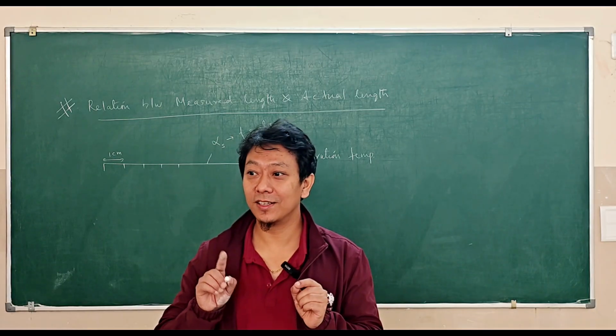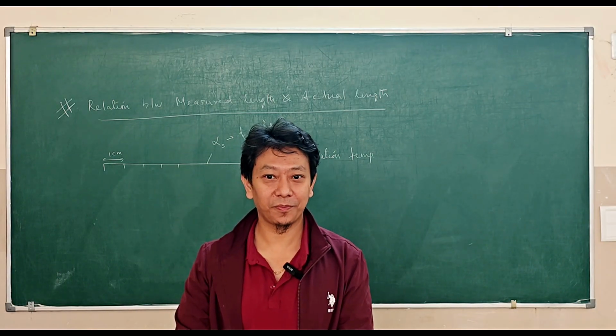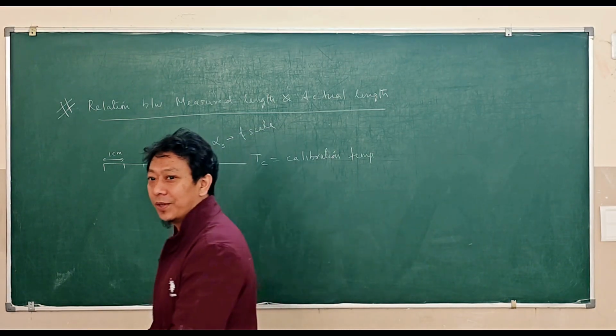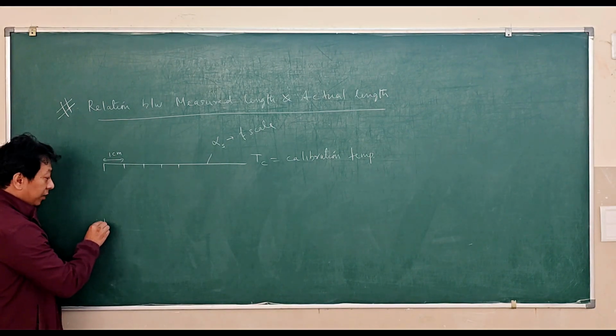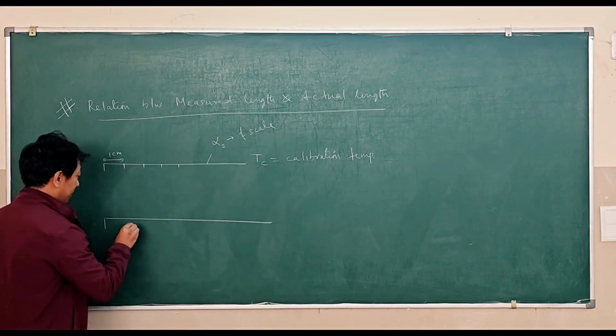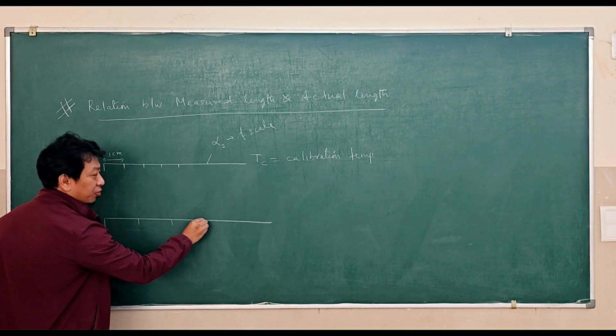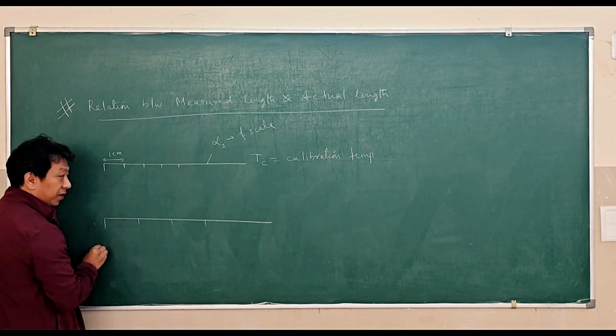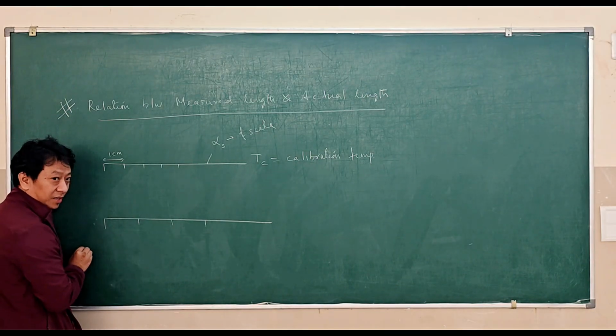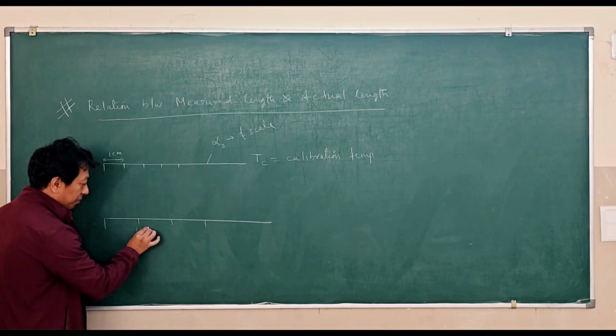Marking was done at 5 degree. Now when you bring this in a hot place, what will happen? It will expand. Too much I am showing, that much it will not expand. For clarity. So your 1 centimeter mark will be here now.